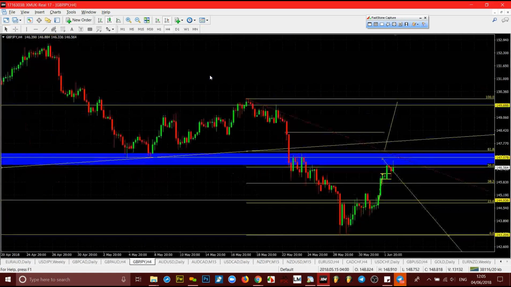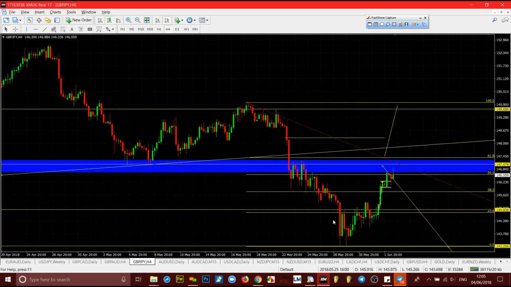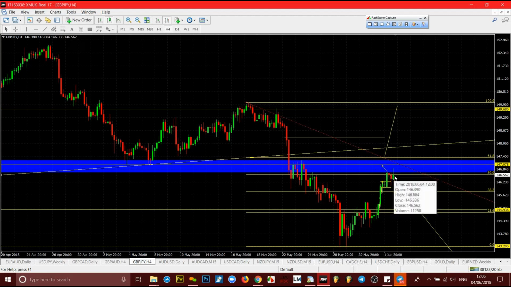Now this one, we've been looking at this one, you know, break of structure, then it's coming back to, it's rejecting the 50 fib level at the moment. So we would wait for some good confirmation before we take this sell, because this is the sell happening.